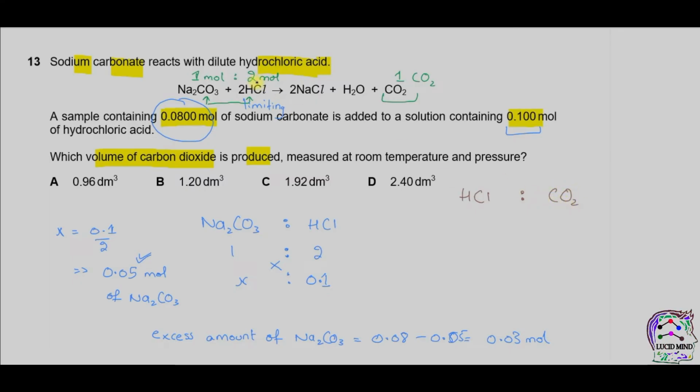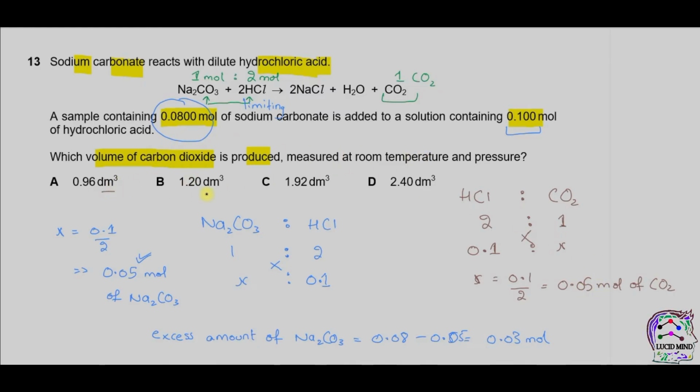According to the balanced equation, 2 moles of HCl form 1 mole of CO2. Now, they have given 0.1 moles of HCl, so we can find the number of moles of CO2. Let's cross multiply. So 0.05 moles of CO2 is formed. Now we can change moles to volume.